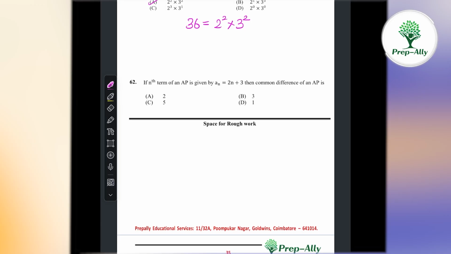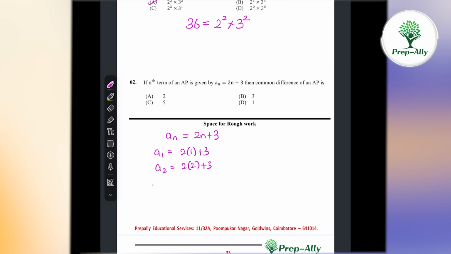In the second question, we're given that in an AP, the nth term an is given by 2n plus 3. So a1 equals 2 into 1 plus 3, and a2 equals 2 times 2 plus 3.